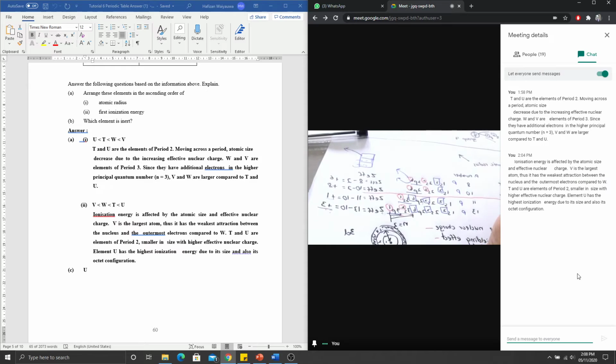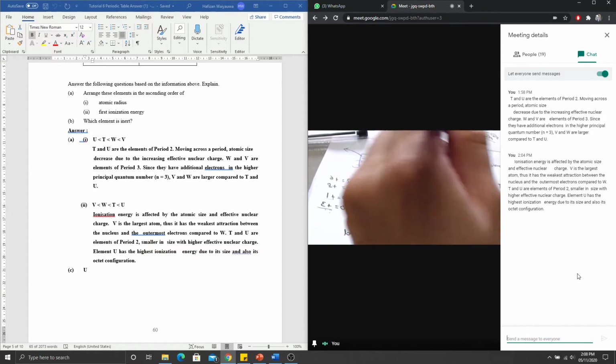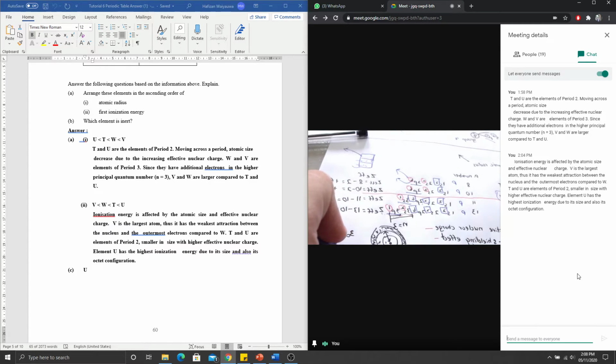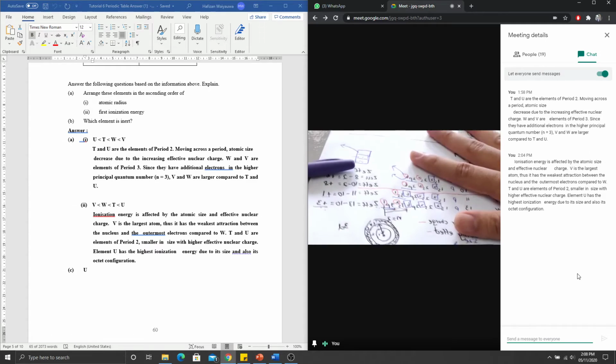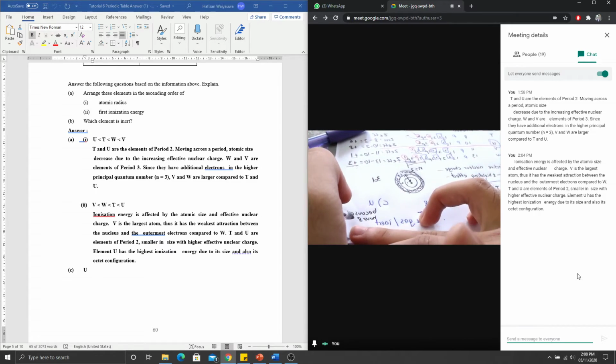Yang proton number 10. Yes. So, untuk C, just jawapan ni yes. U. Itu je. Okay. The explanation, which it is because you have 8 valence electron.